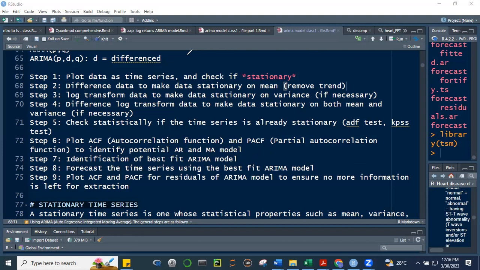So kung hindi pa na-address yung non-constant variance, kunin naman ngayon yung difference ng log data. Okay, that's why your data set now will be different na, hindi na yung original data na inaaral natin. Magiging different, D-log na siya, difference ng log ng data natin. All right, then you can forecast also. After identifying your final model, you can check again yung residuals natin via the ACF and PACF.